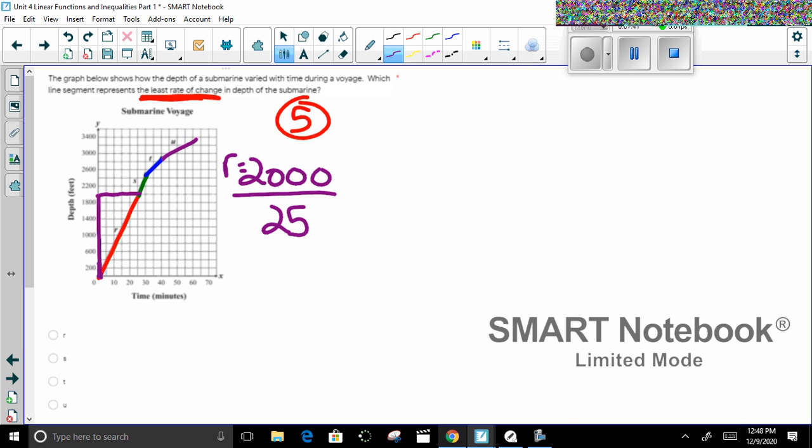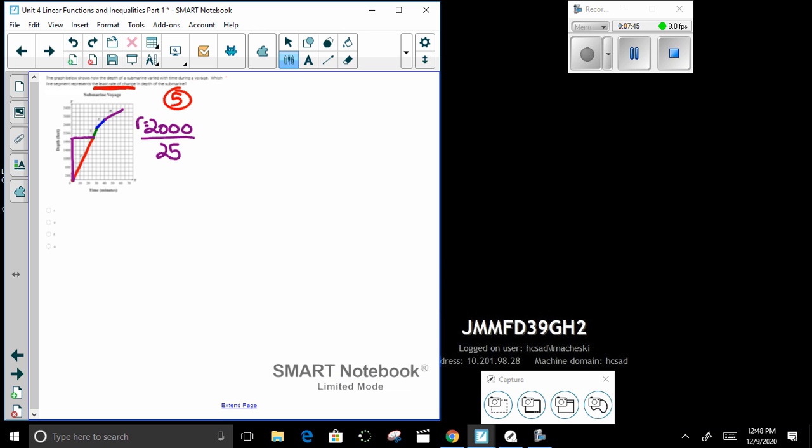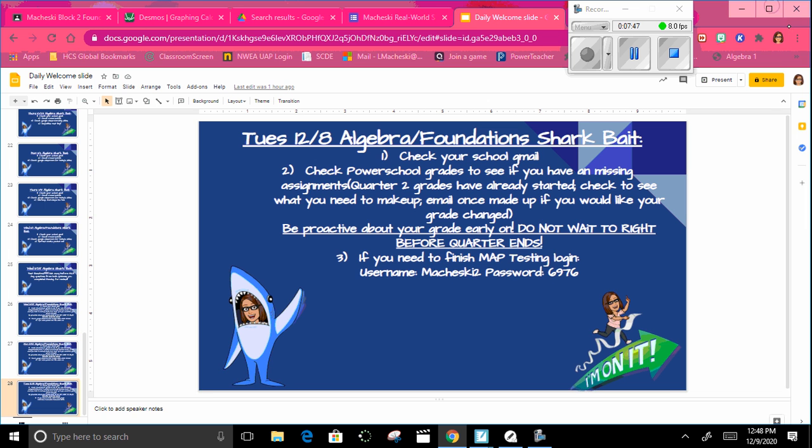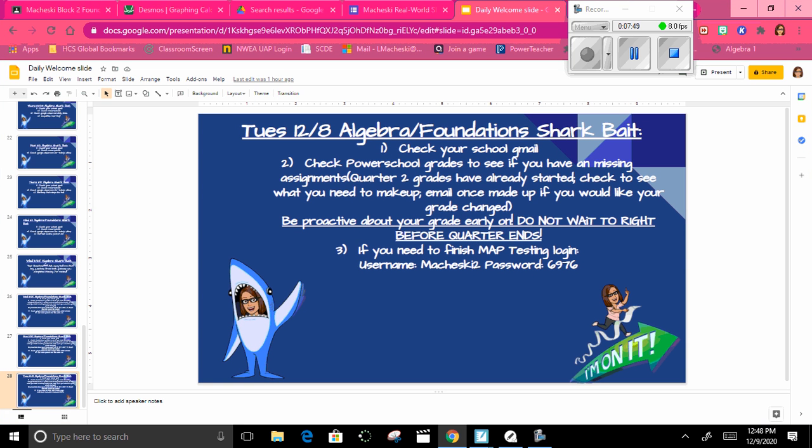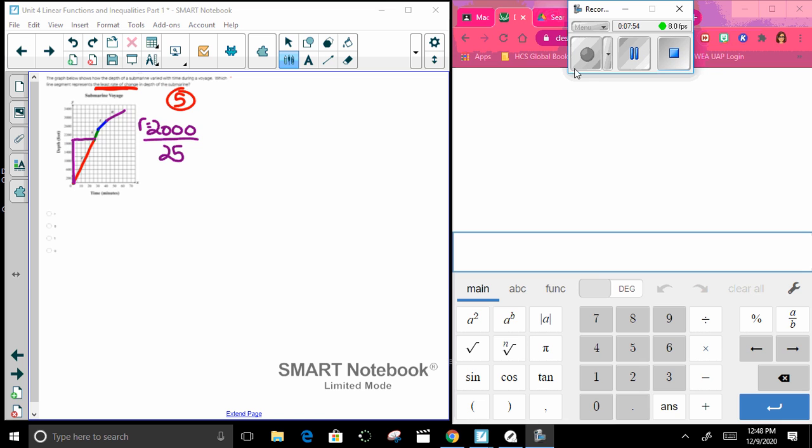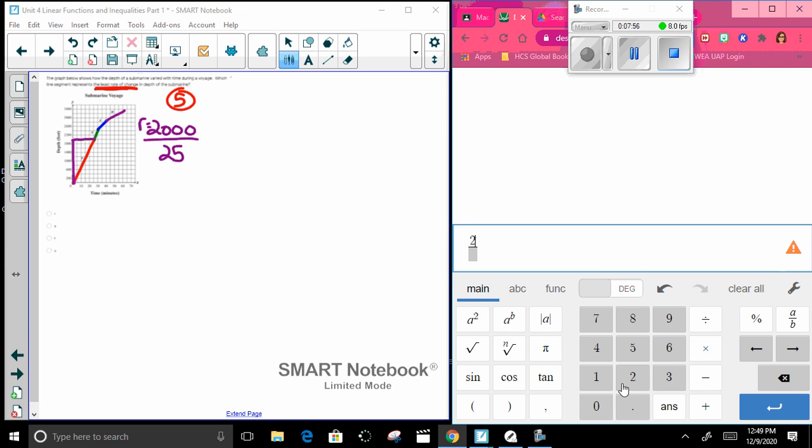If I check that rate of change, let me grab my calculator. If I check that rate of change, it is 2,000 divided by 25. It is 80.